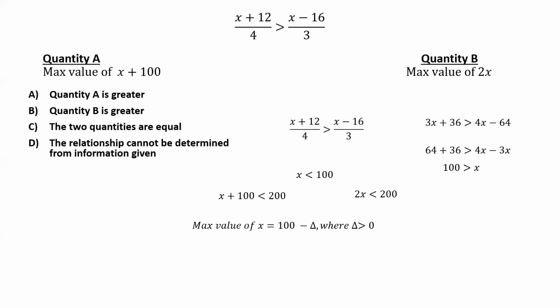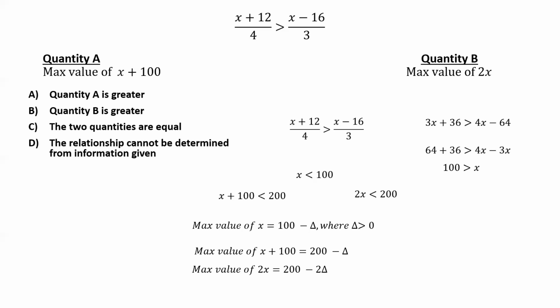So the maximum value of x, you can assume, will be 100 minus delta, where delta might be small, like I said, but delta has to be positive. So if this is the maximum value of x, then the maximum value of x plus 100 would be simply you add 100 to 100 minus delta and you get 200 minus delta, right?